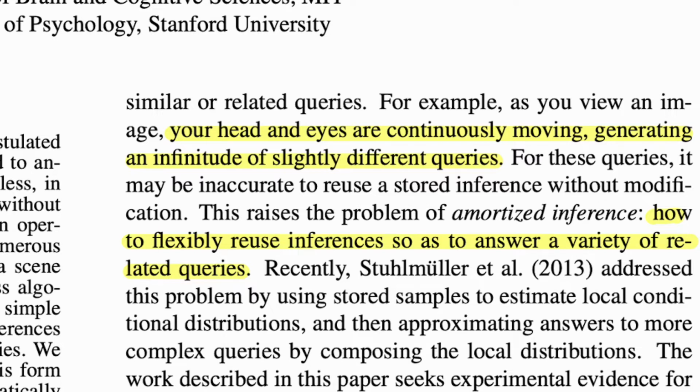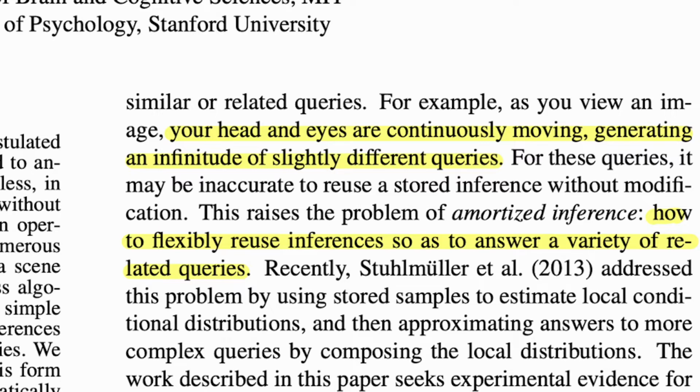They called these computations queries and argue that our brain stores the result of these queries in its memory. Maybe it's a long-term memory or a short-term memory, we don't care about for our discussion here. And then they associate a specific term with this behavior of our brain and call it amortized inference.